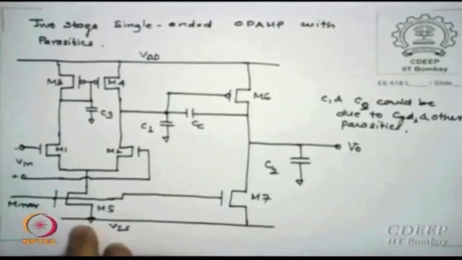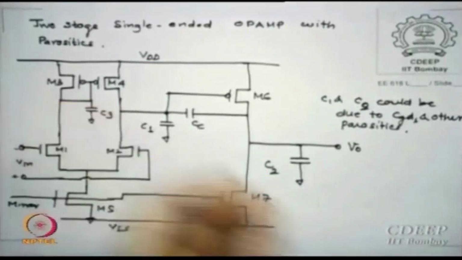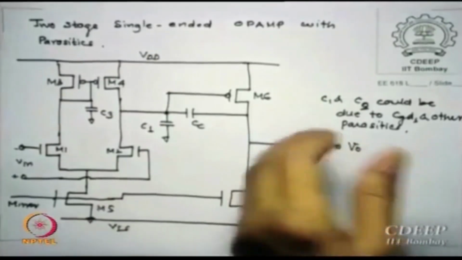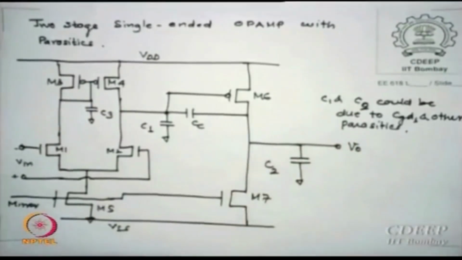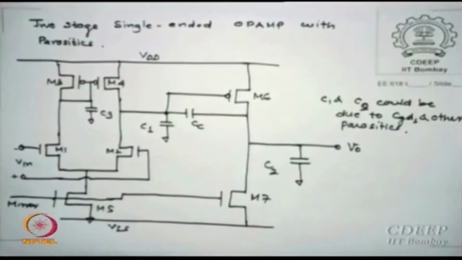Why is it making most decisions? Because we will see later this will not only decide the gm's, it will also decide the slew rate, and also power dissipation. So everything goes with what current I choose at M5. Another parameter for my design is I5 or ISS, which decides everything.